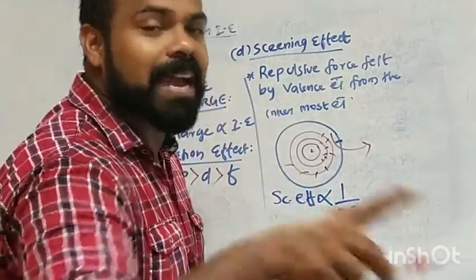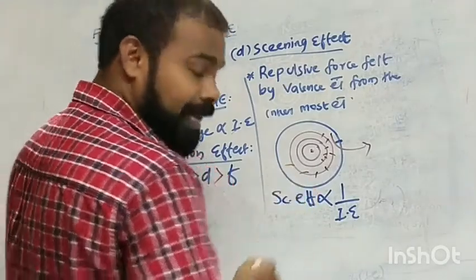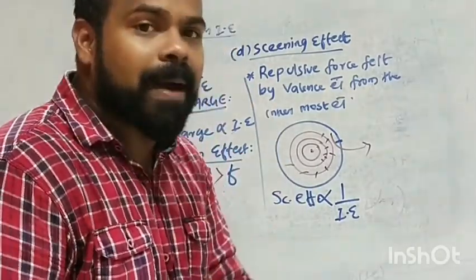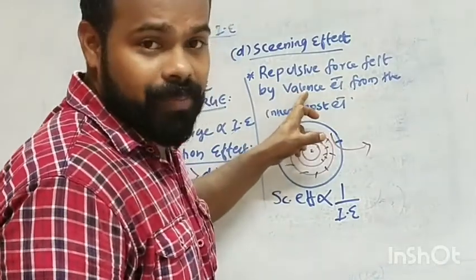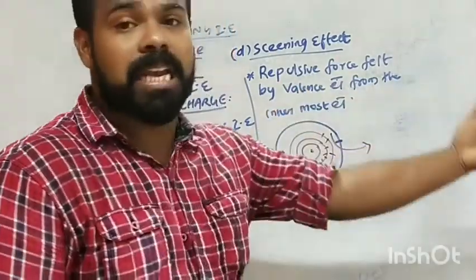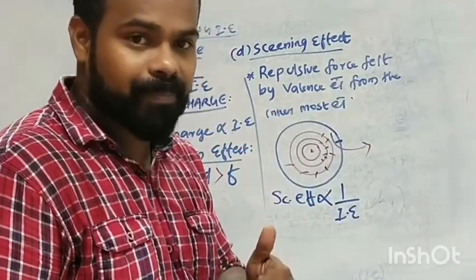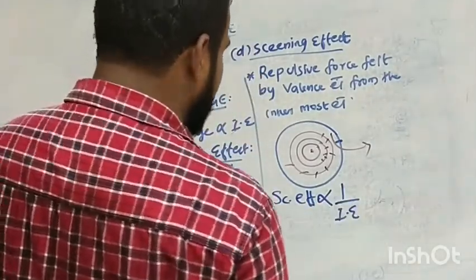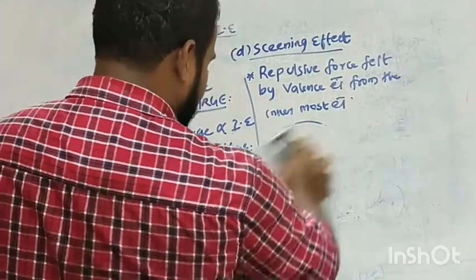Clear, all of you? Now the ionization enthalpy will decrease. Screening effect is the repulsive force felt by the valence electron from the innermost electron. Clear? Okay. Now, screening effect is inversely proportional to ionization enthalpy.